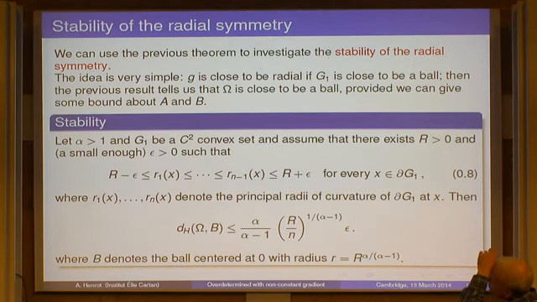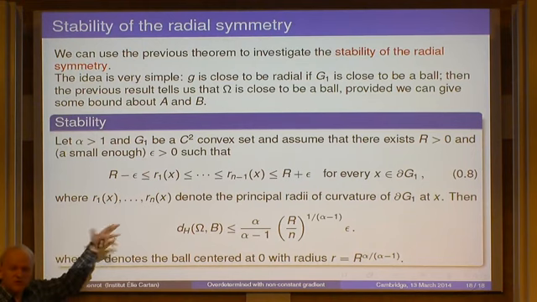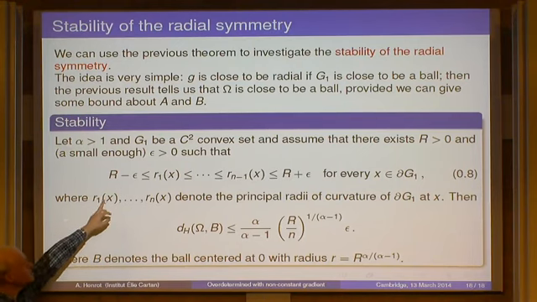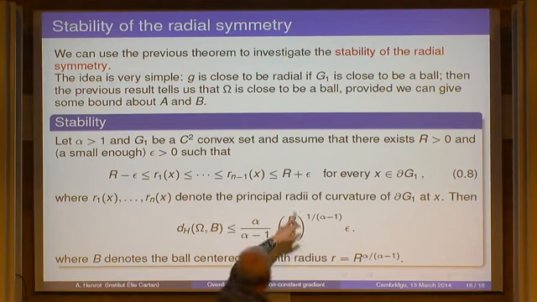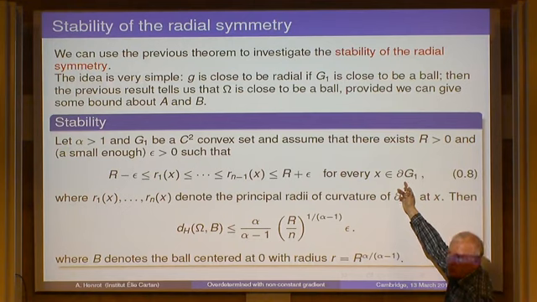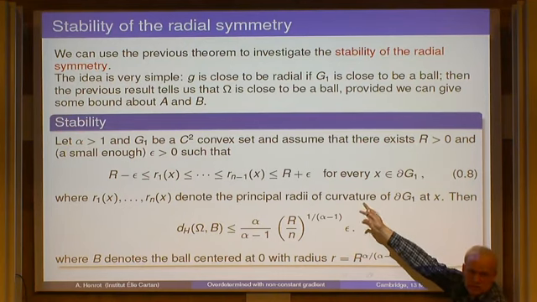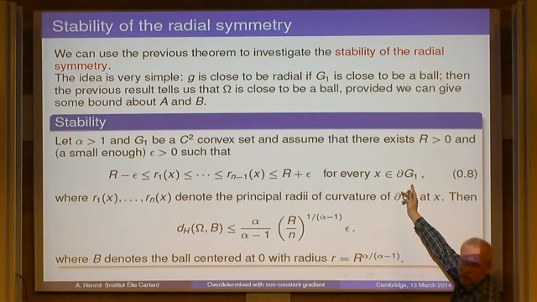So just to get an insight, which is maybe more easy to see, if you assume, for example, that each curvature, so the principal curvatures of my surface in dimension n, are between r minus epsilon and r plus epsilon, so this is an assumption which tells you that your one level set is not far from a ball, because each of these curvatures is close to a constant. It is a way I describe the fact that J1 is not far from a ball.